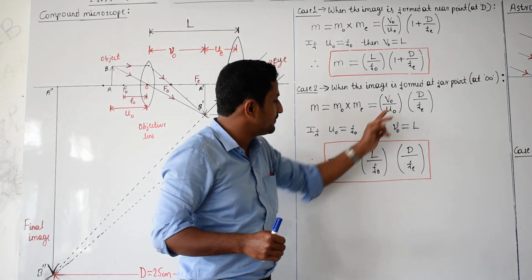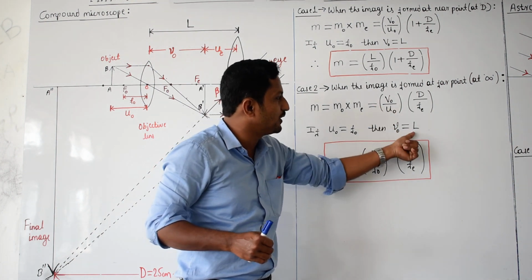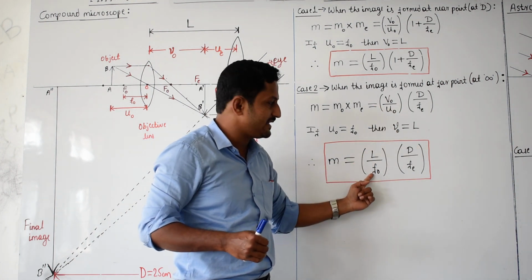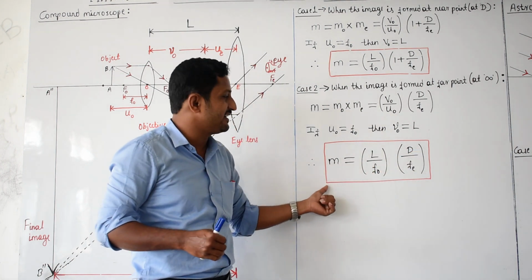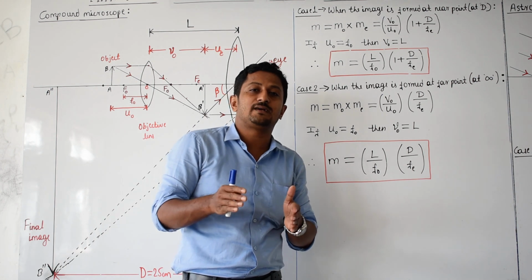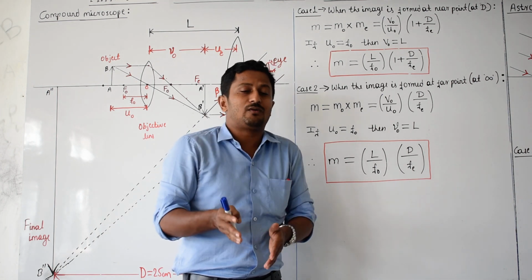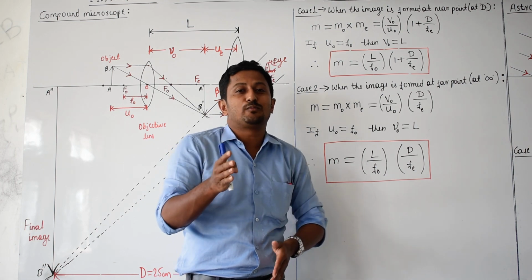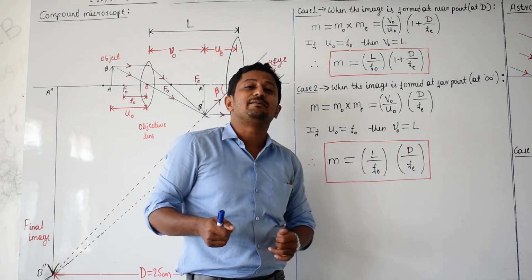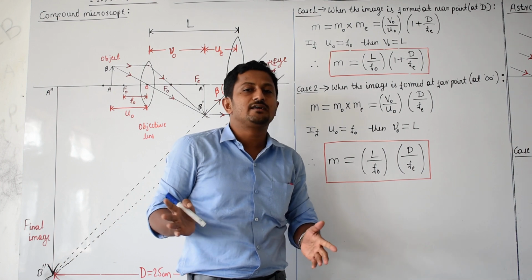In place of VO I placed L by FO, into D by FE. This is the final magnifying formula for the compound microscope when the image is formed at infinity.